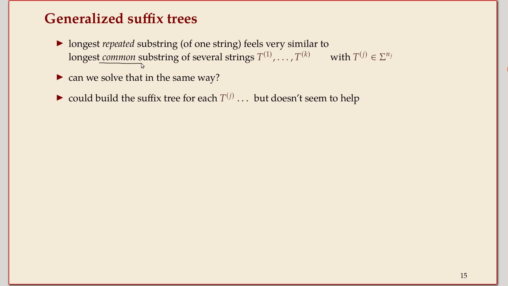The problem is that this longest common substring asks a question that needs information from all the strings at the same time. So what we need is a single data structure for all those strings. And that's what the generalized suffix trees are.